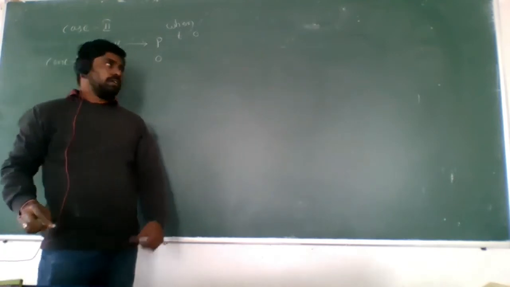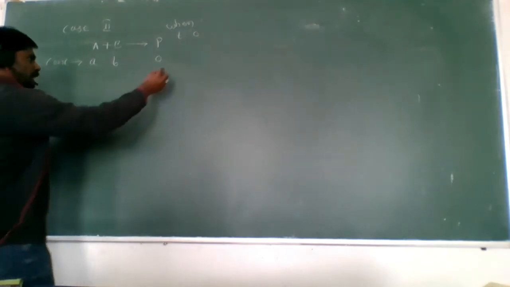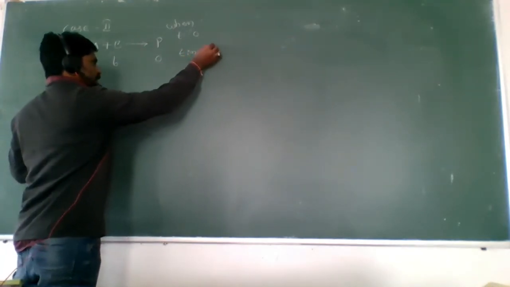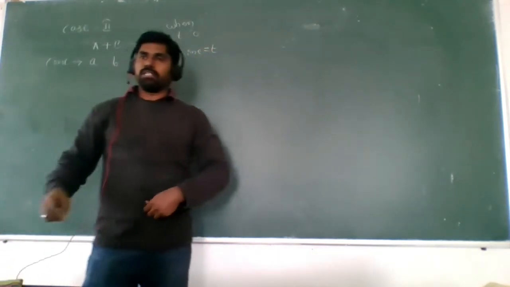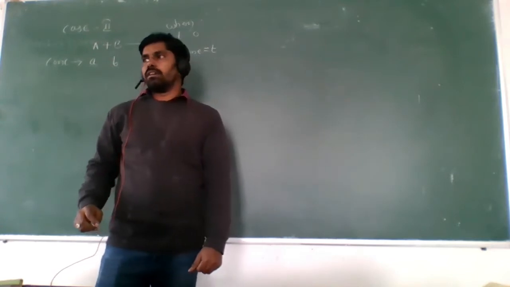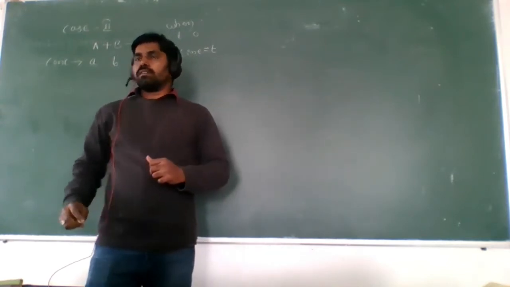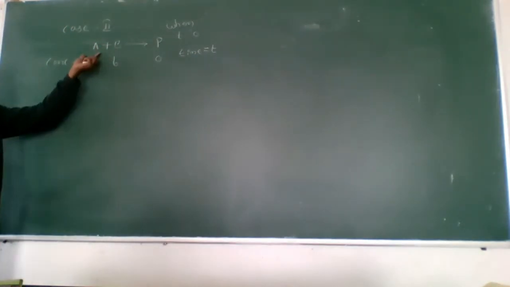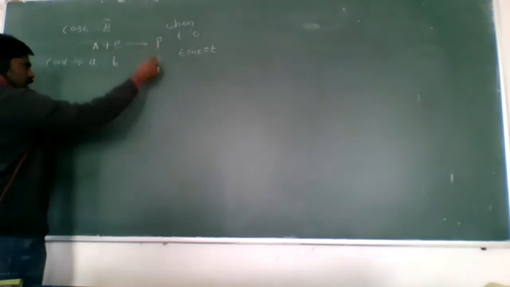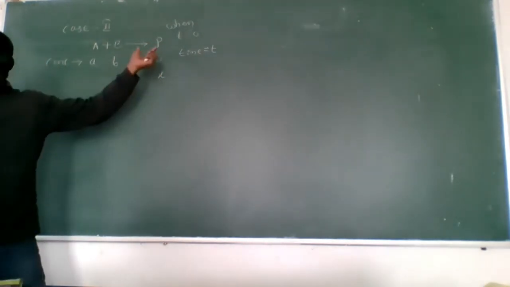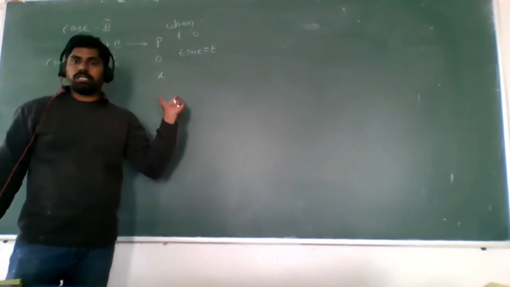Clear? Next one. When time equals t, whether 20 minutes or 30 minutes or 40 minutes, whatever, the time equals t. After some time, the concentration of the product is small x.